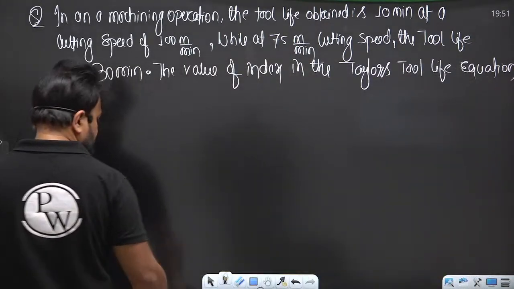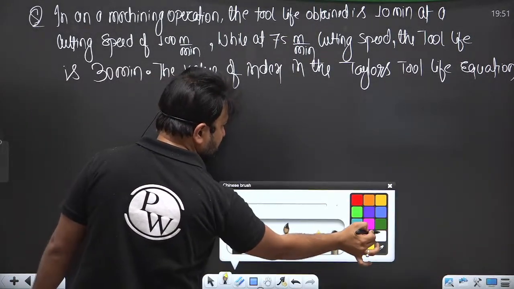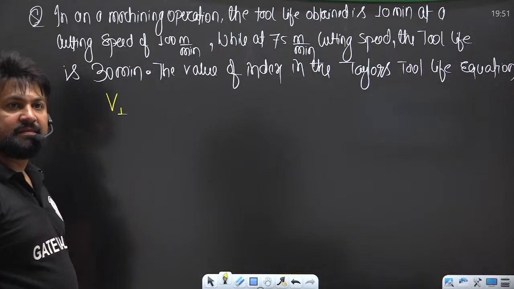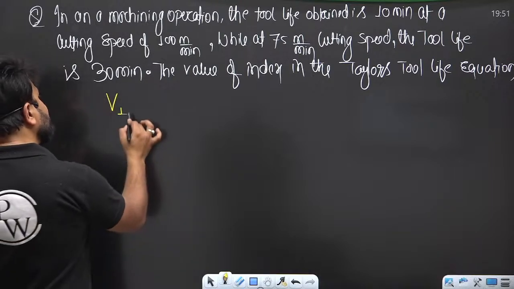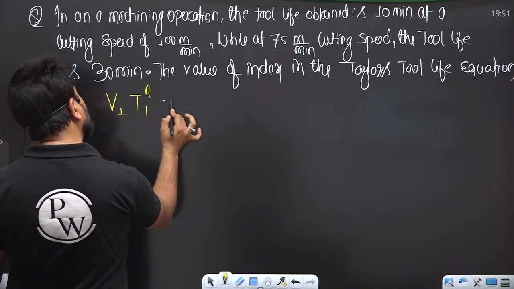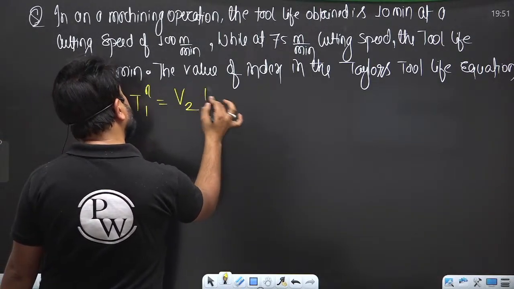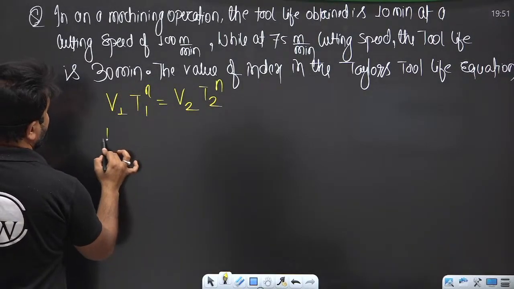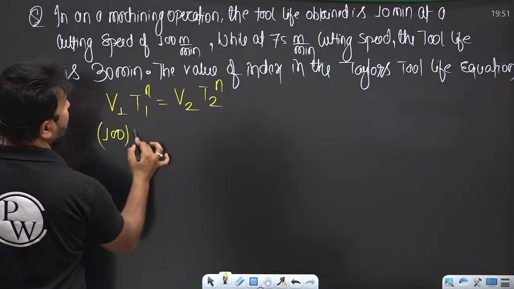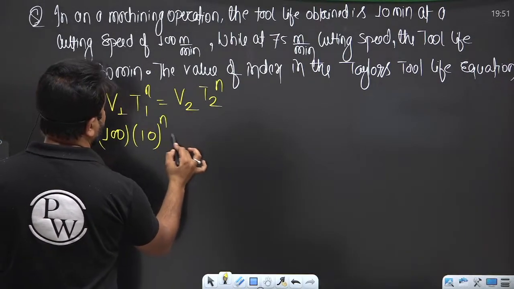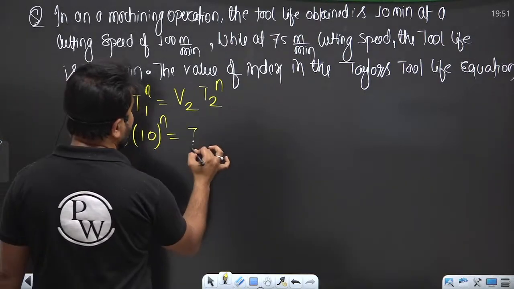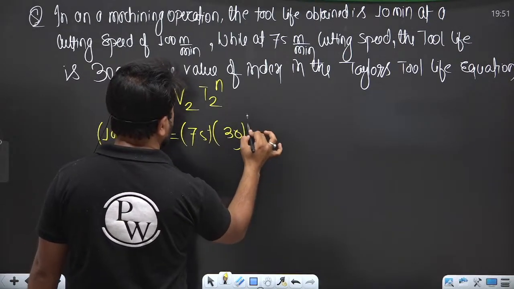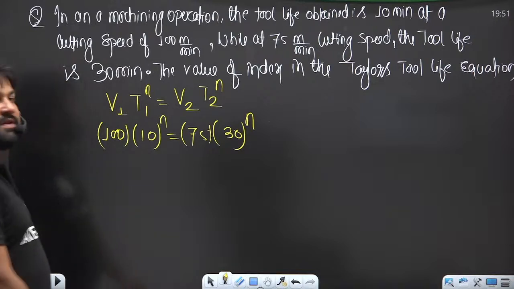My dear, here the machining is the same. You can write that 100 to the power n equals 75 to the power n times 30. Now will you solve this?